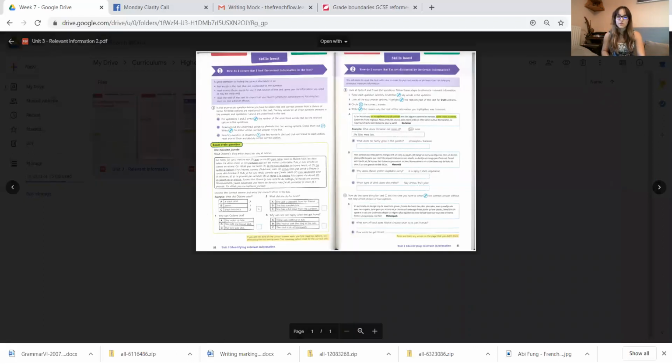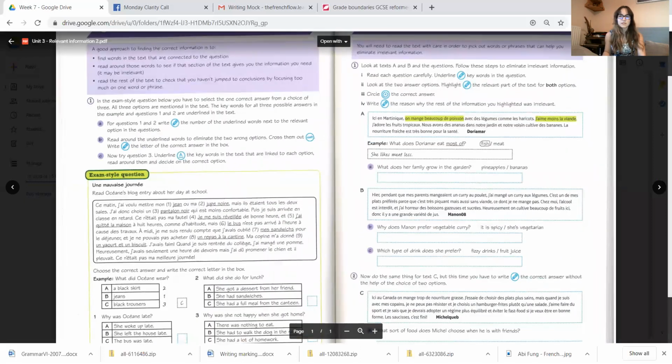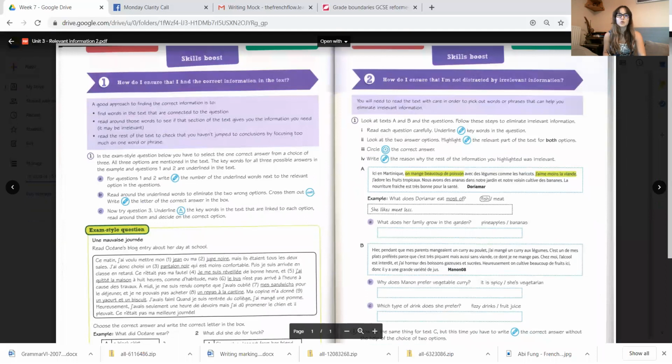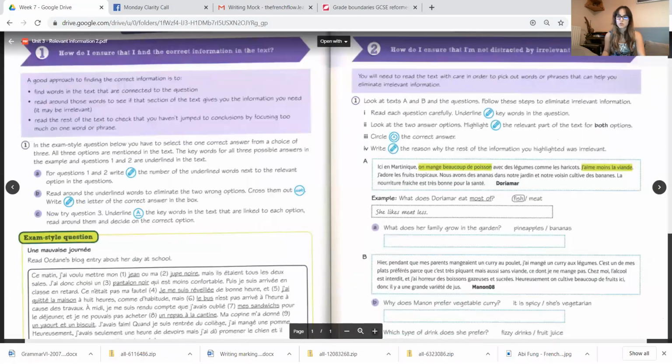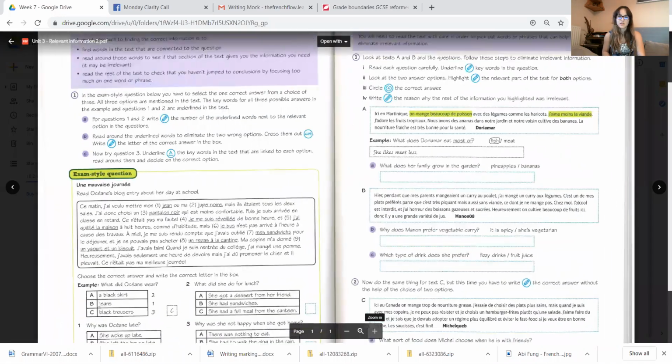When you move on to the first unit, let's zoom in on this. The first unit is about how to ensure that we find the correct information in the text. Here, I know I'm going to repeat myself again, but synonyms are just so important. Knowing what word is in which family is going to be really important.